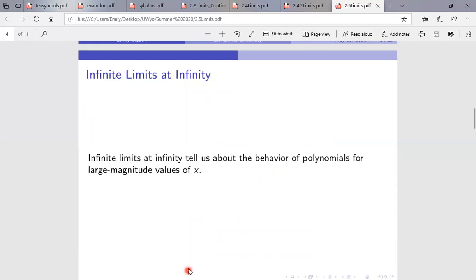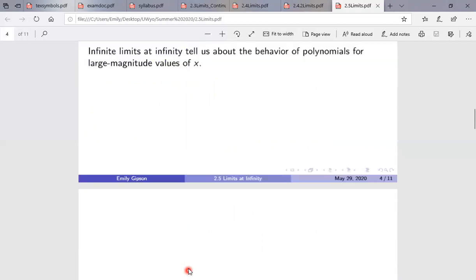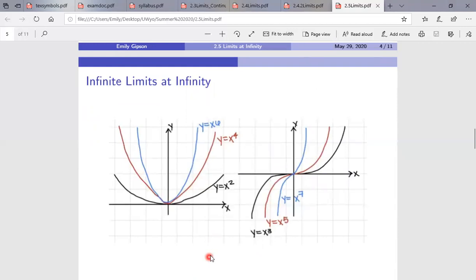And it's nice to know that infinite limits at infinity tell us about the behavior of polynomials for large magnitude values of x. So what exactly does that look like? That looks like these two graphs. Over here on the left-hand side, we've got the graph of x squared in black, a function we're all pretty familiar with, a graph of x to the power of 4 in red, one we're maybe not familiar with, but we know that it's a little bit steeper, and the graph of y equals x to the power of 6 in blue.